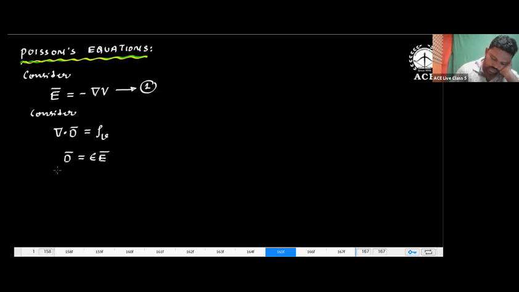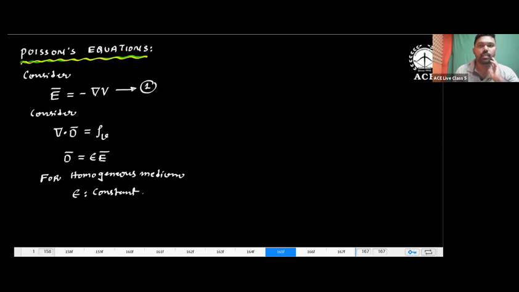Suppose for the homogeneous medium, epsilon is constant, beta. So if it is a homogeneous medium, I can substitute there.